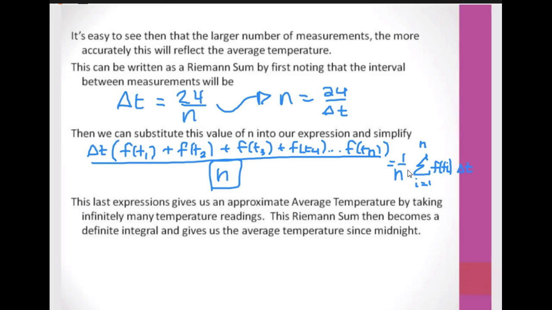So this part right here represents the Riemann sum. This represents the average of the Riemann sum. So the 1 over n is going to give you that average.